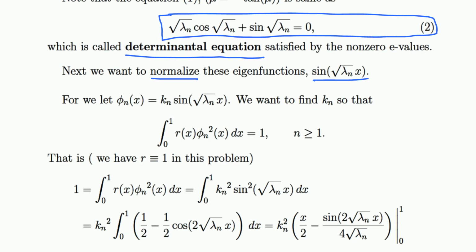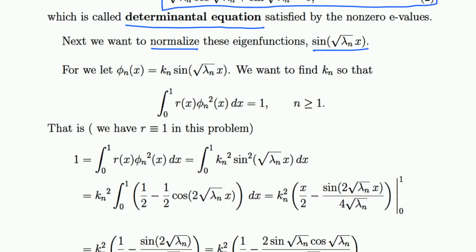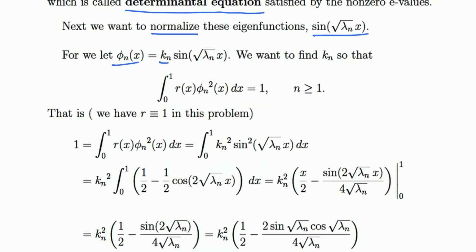To normalize, what we have to do is just multiply by a nice constant, let's say kn, and we denote that by phi n, so that this is true: the integral from 0 to 1 of r, that is 1 in our case, since our equation is y prime plus lambda r y with r equal to 1, phi n squared x dx equals 1.